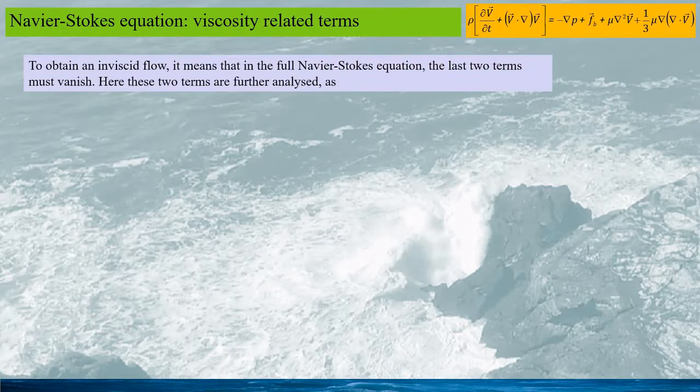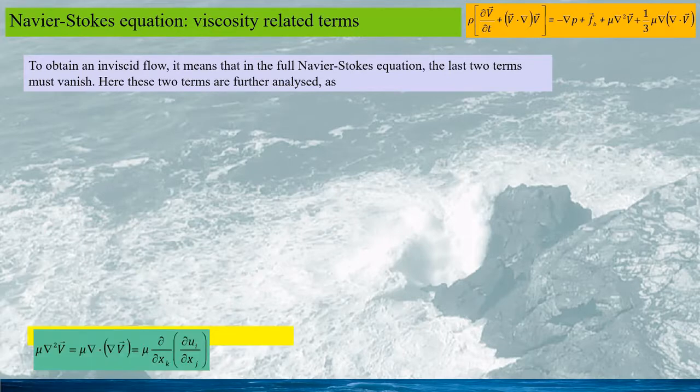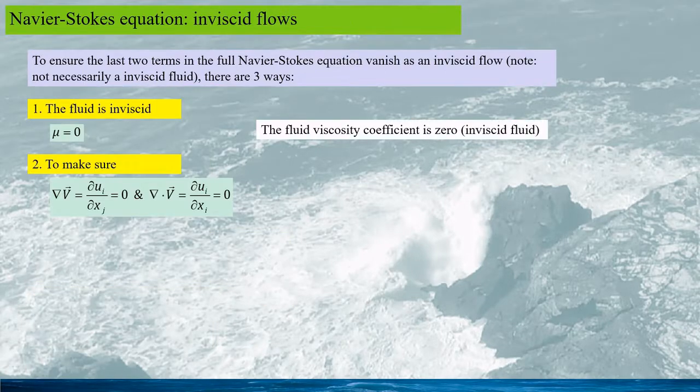From the Navier-Stokes equation, we can see that to obtain an inviscid flow, the last two terms must vanish. For this purpose, simple analyses are made for these two terms to make sure these equations are satisfied: the velocity vector gradient tensor or the velocity vector divergence are zero.